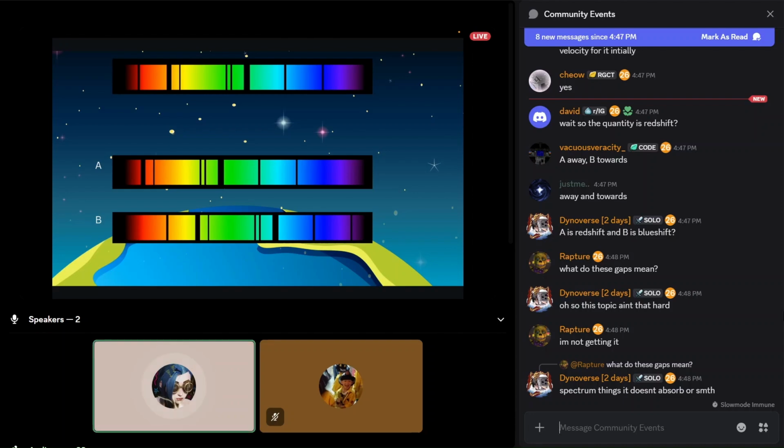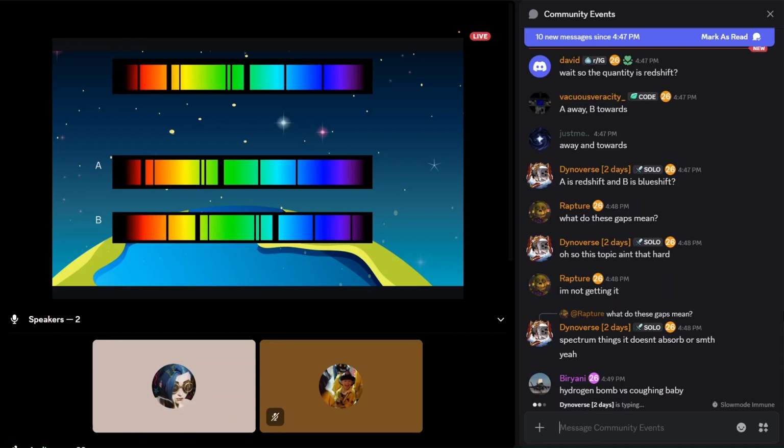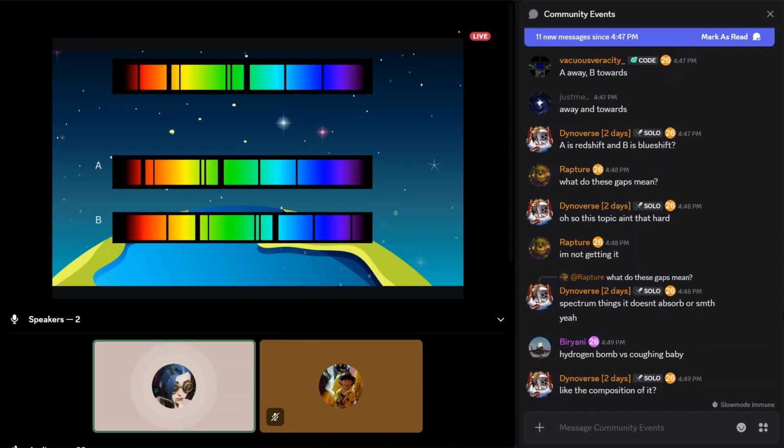So by telling you what elements the planet absorbs, you can tell what planet it is. You get it? Yes, you can tell the composition. One planet may have a few different absorption lines of different elements, so by that you can tell the composition of the planet. But that's not for this topic.